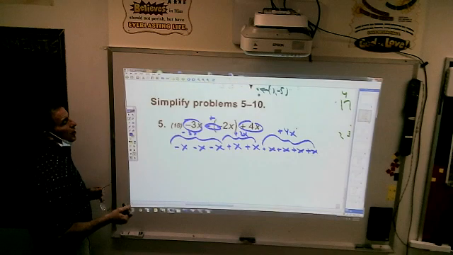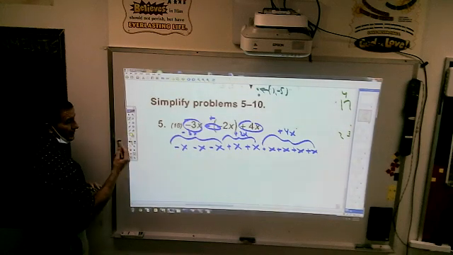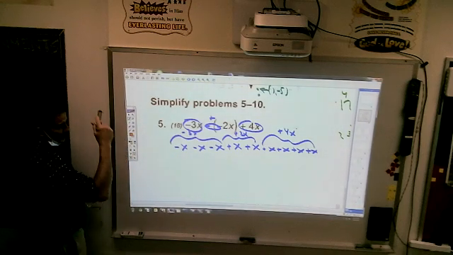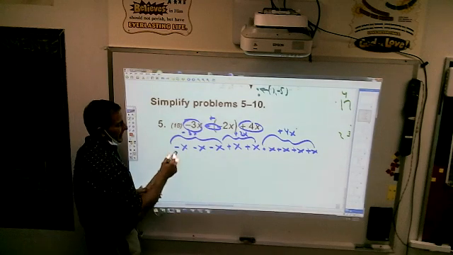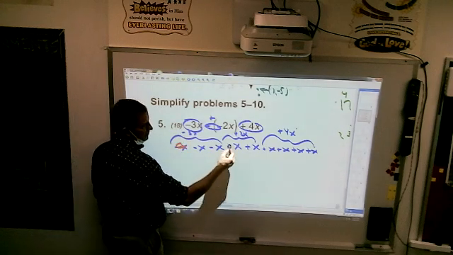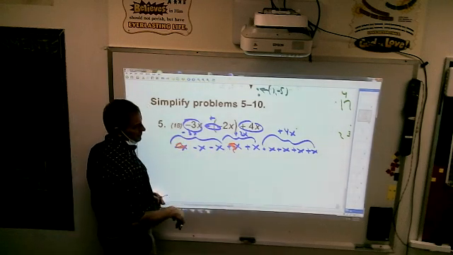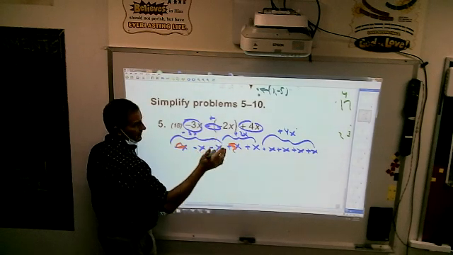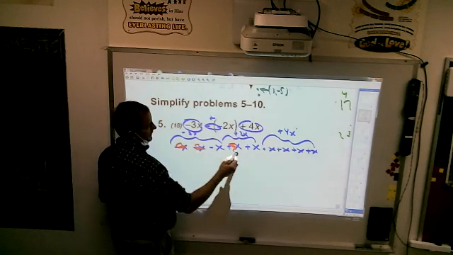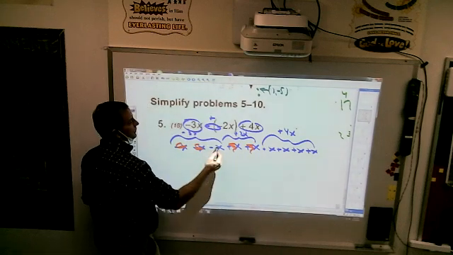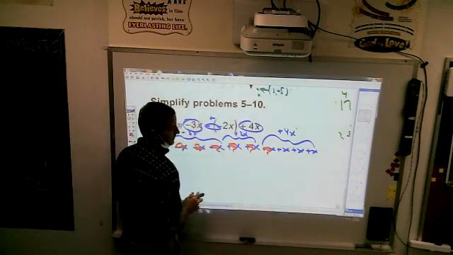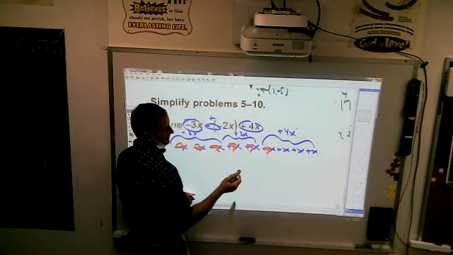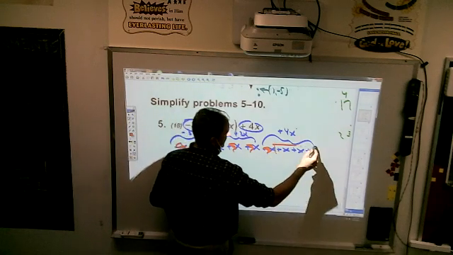So when you put them all together, again you're adding, you're not multiplying. I don't get x to the 15th power or whatever. A positive x cancels out with a negative x because the opposites are going to go away. If you add plus 5 and a negative 5, that gives you 0. Another negative x crosses off with a positive x, and a third negative x crosses off with another positive x. No other negatives to cross off, so you're left with this.